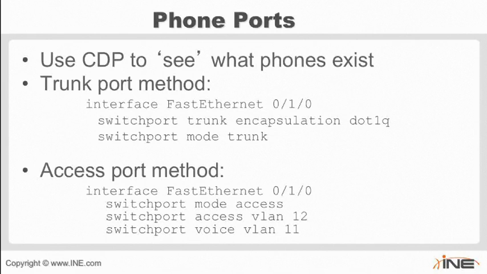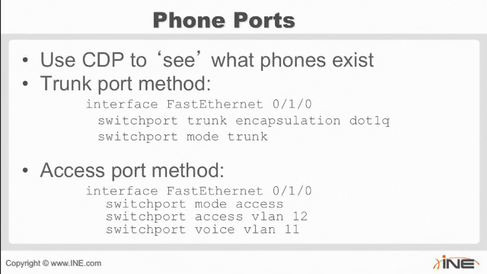Okay, there are two methods that we can use to configure phone ports, and this applies to both the 4-port Ethernet switch module, which is what's in the lab, and the 3750, 3560. These methods are either the trunk method, where we explicitly configure the trunk, hard coding it to switchport mode trunk, or what's known as the access VLAN method.